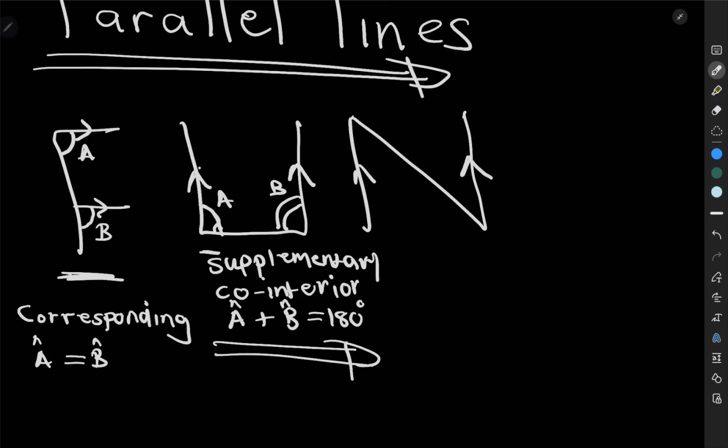Okay, so the last part of it is the N. With this one, we say this angle and this angle are alternating angles.